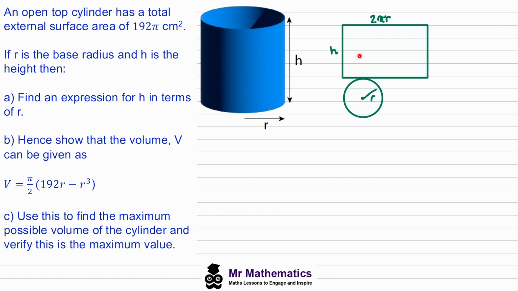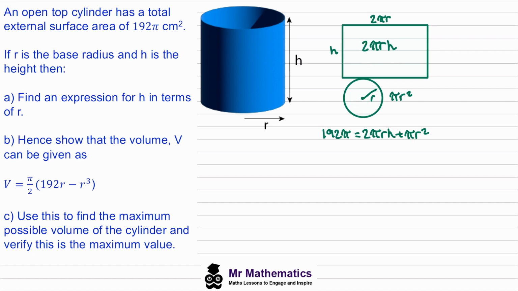We can work out the area of this rectangle as 2 pi rh, and the area of a circle as pi r squared. So the total area of this cylinder would be 2 pi rh plus pi r squared. So we can say 192 pi is equal to the rectangle area plus the circle.